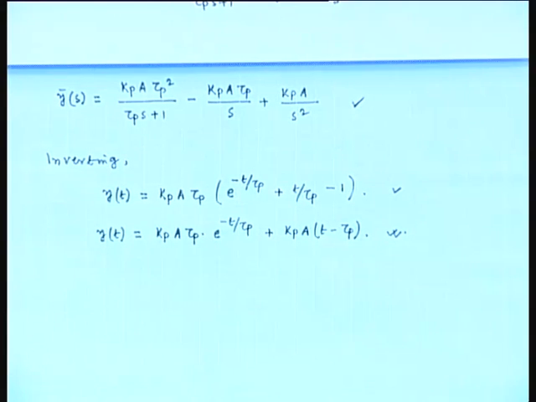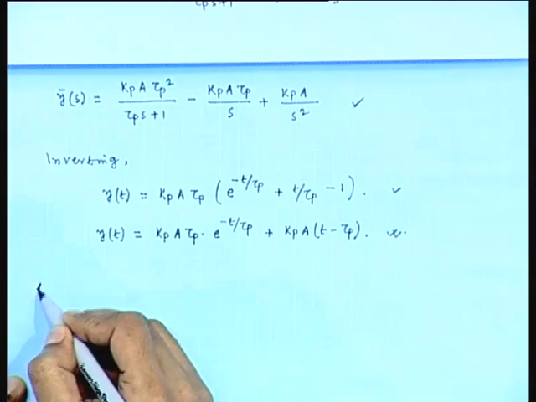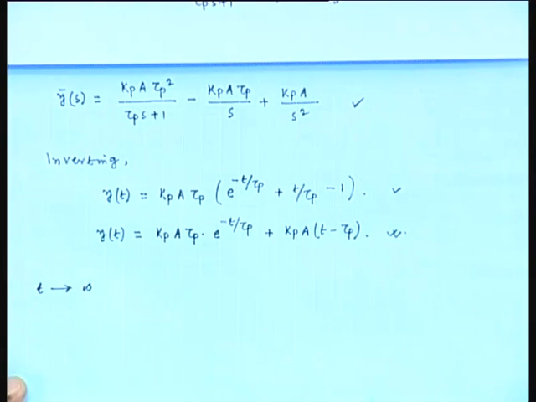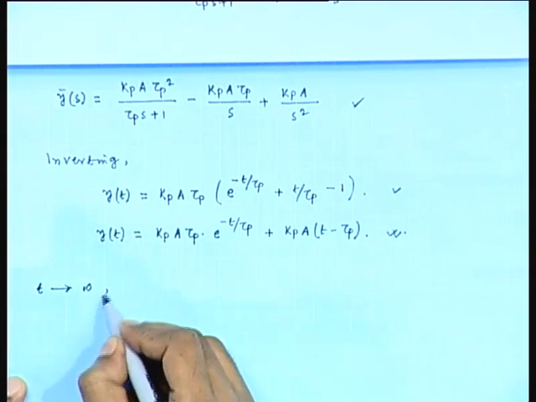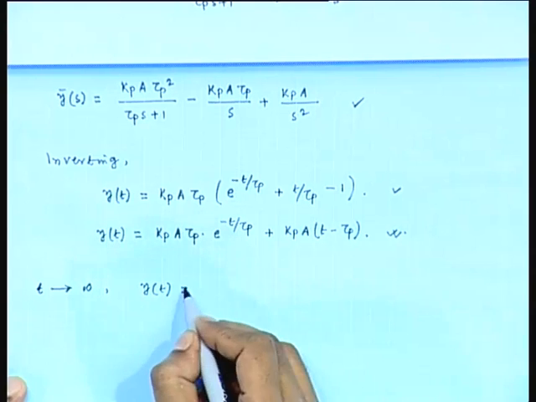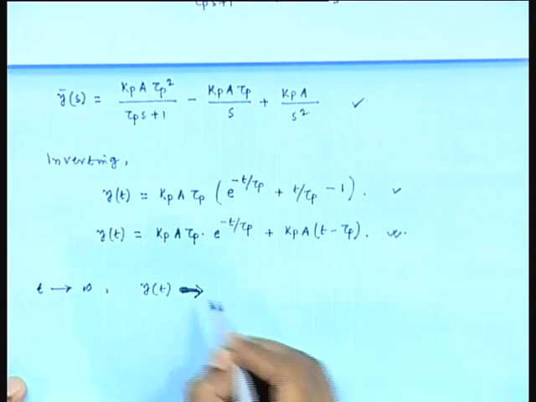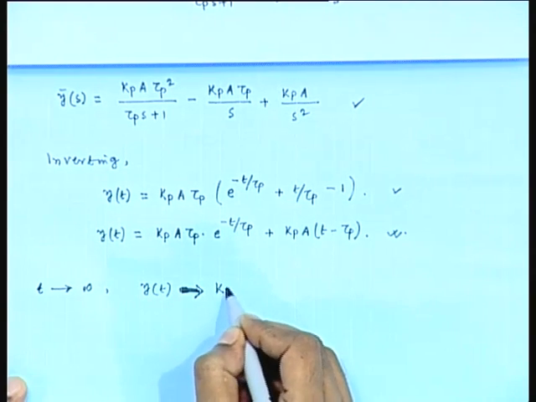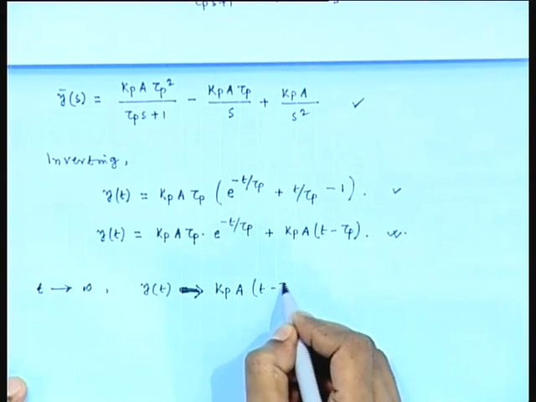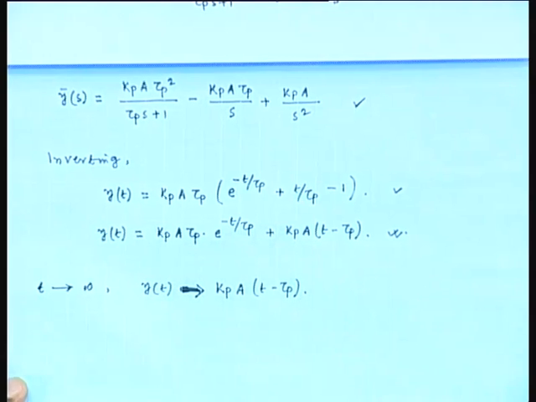Now, we will consider one case, that is t tends to infinity. If t tends to infinity, then y(t) becomes Kp a times t minus tau p.